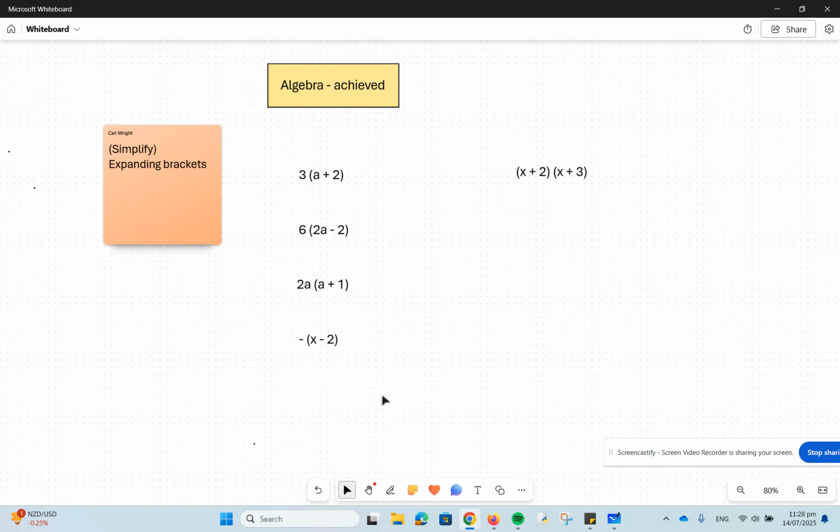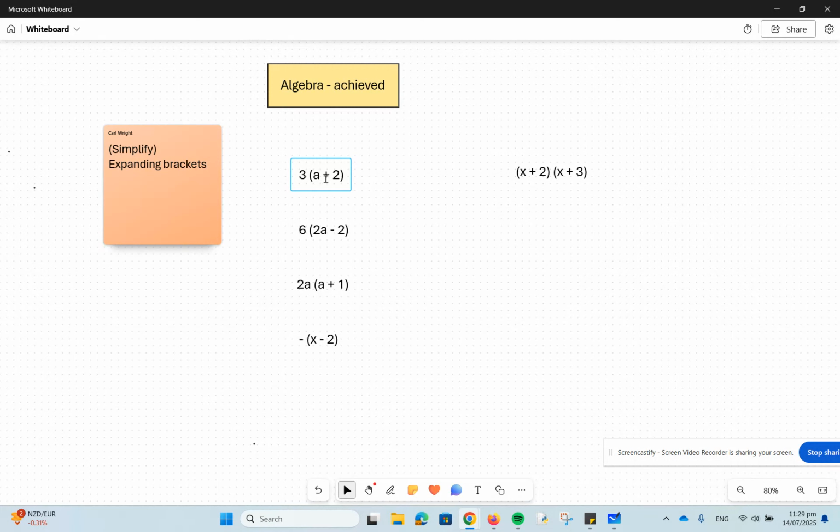There are several ways we can do this, and hopefully you'll find a way that works for you. In programming, they call them parentheses, but we're just going to call them brackets in maths. So I multiply whatever's on the outside by every term on the inside.